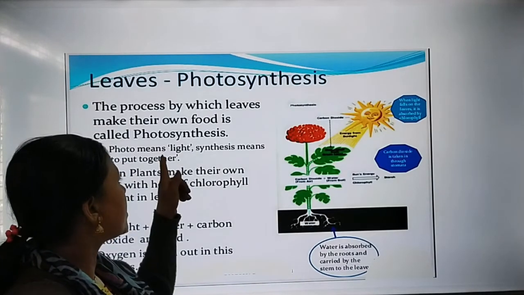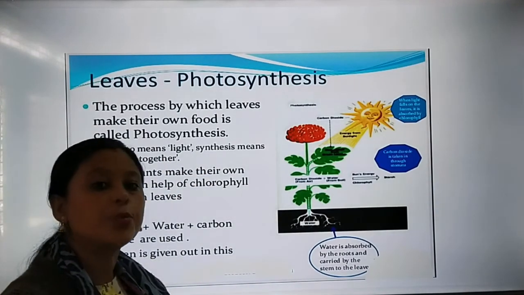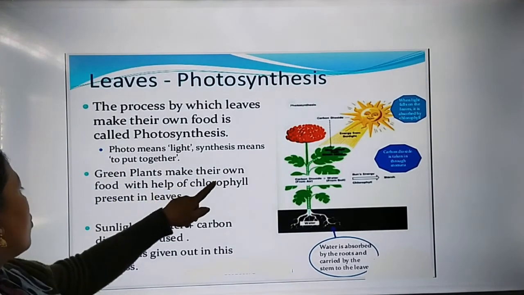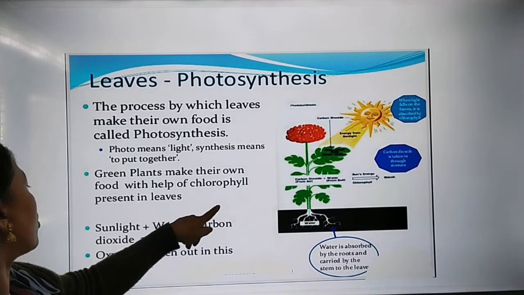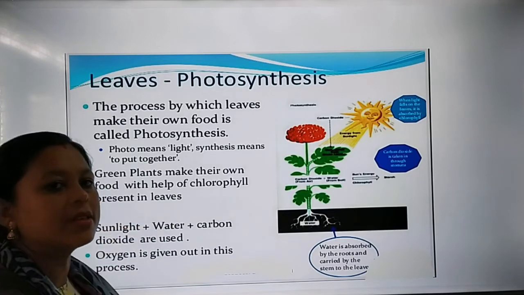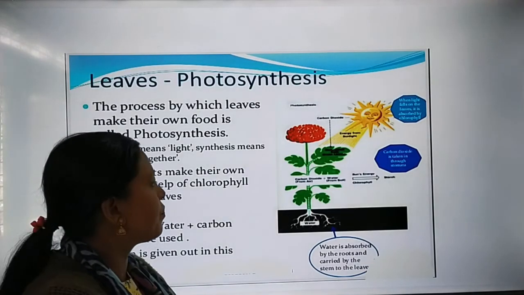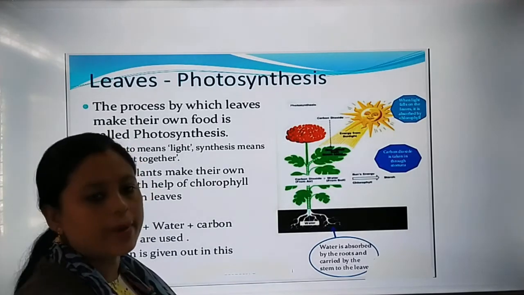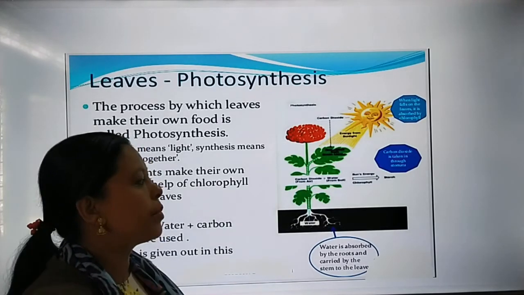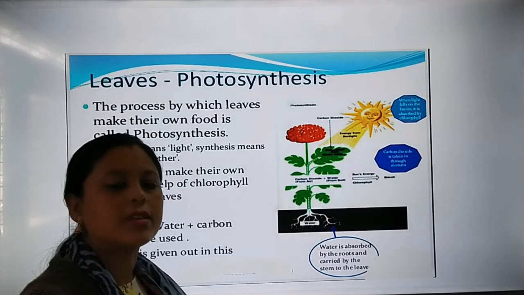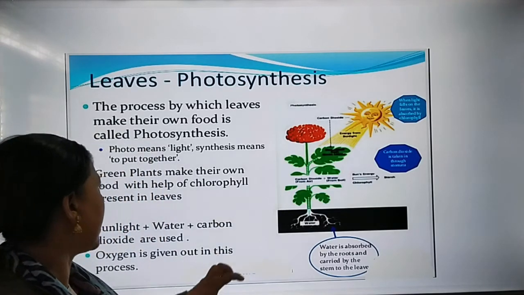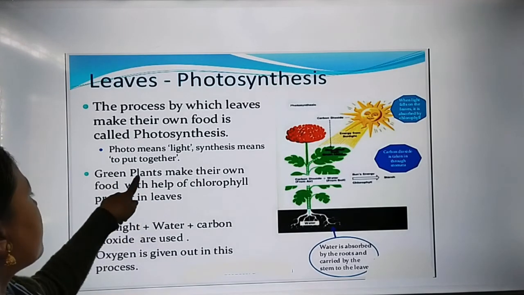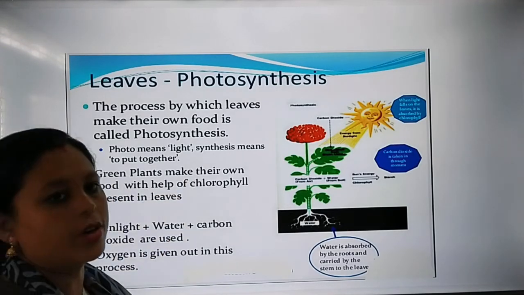Green plants make their own food with the help of chlorophyll present in leaves. Before, we studied that leaves remain green because of the chlorophyll present in the leaves. With that chlorophyll, green plants make their own food.